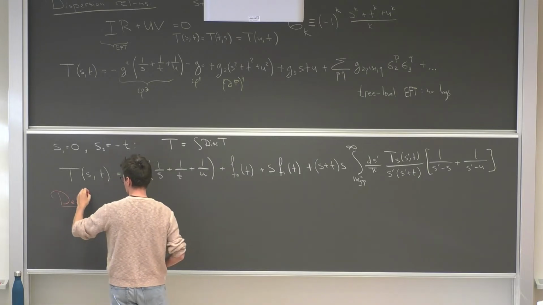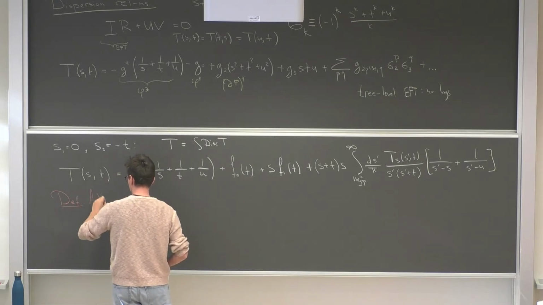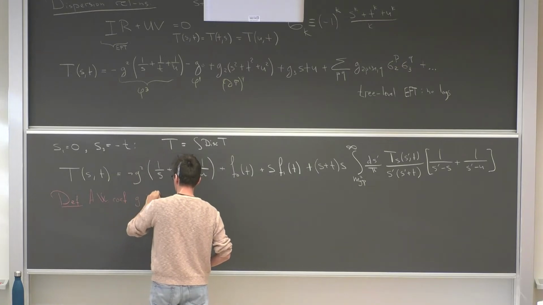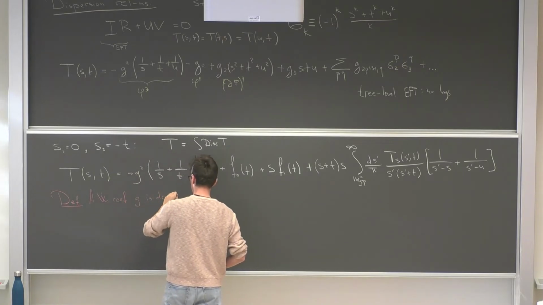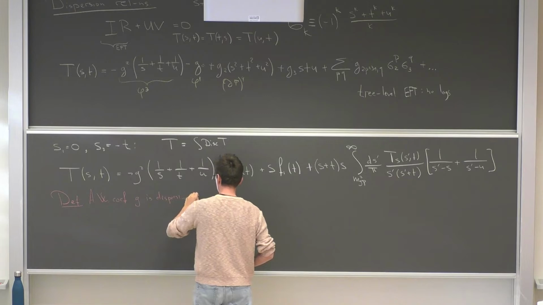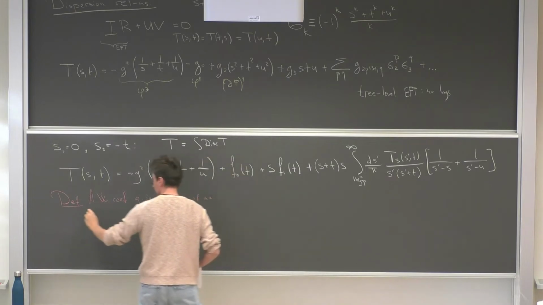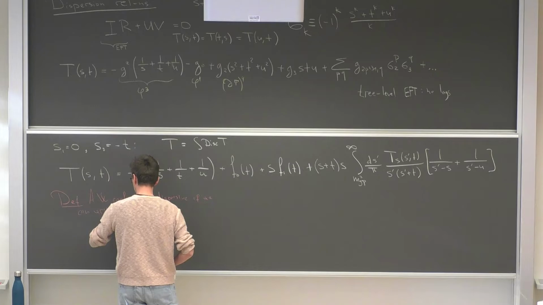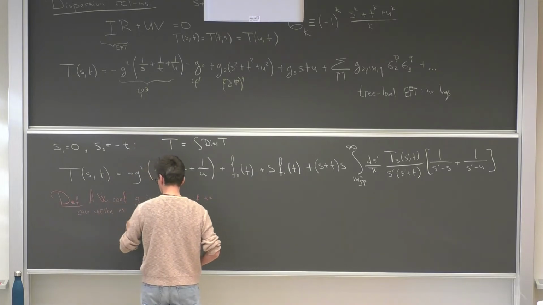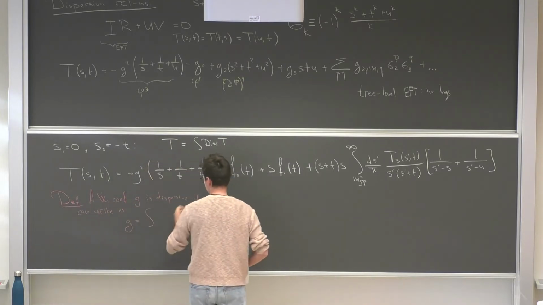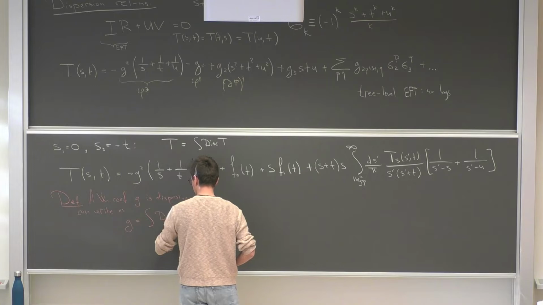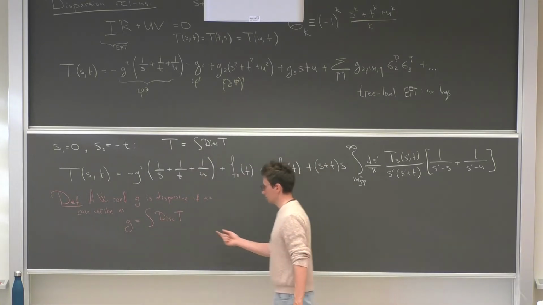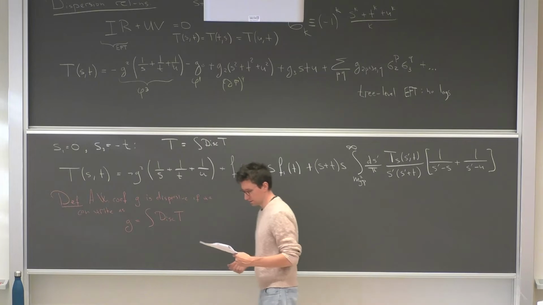So a Wilson coefficient G is dispersive if we can write it as an integral of a discontinuity of the amplitude. So if you can write your Wilson coefficient as a discontinuity of the amplitude, I will call the coupling dispersive.